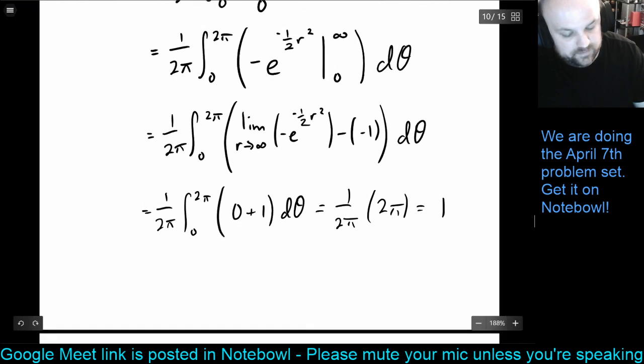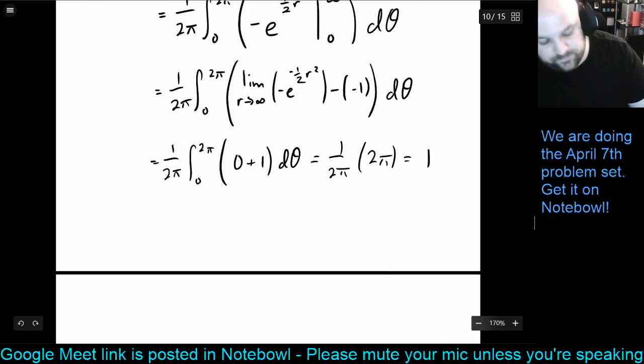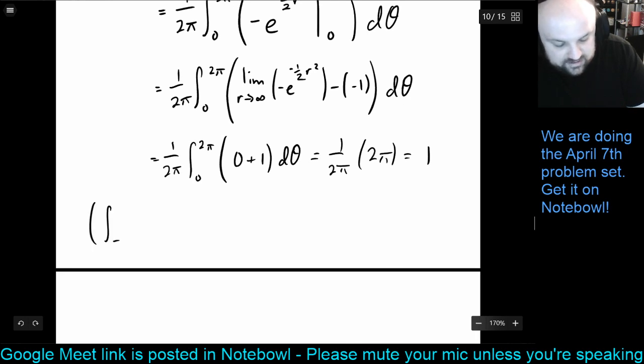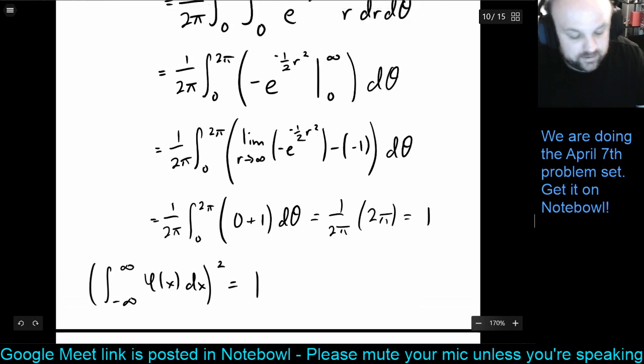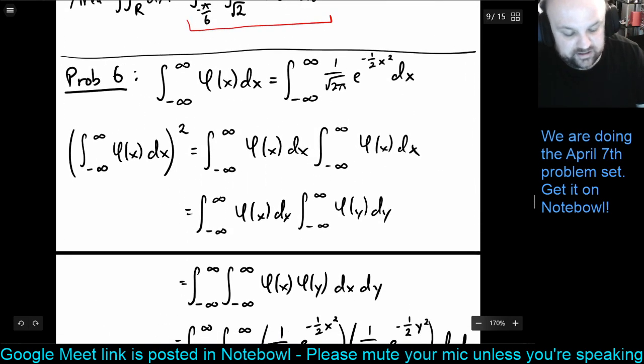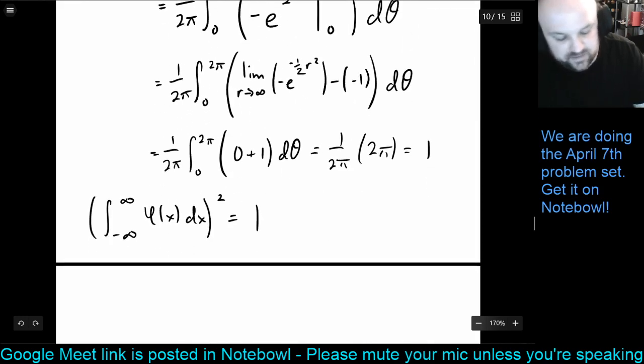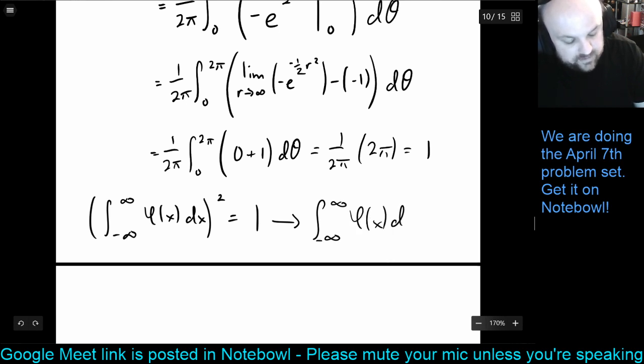So what we've shown is that the integral that we wanted squared is 1. Since this function is always a positive number, when we square root this, we have to take the positive square root. And so the integral of the standard normal distribution is 1.